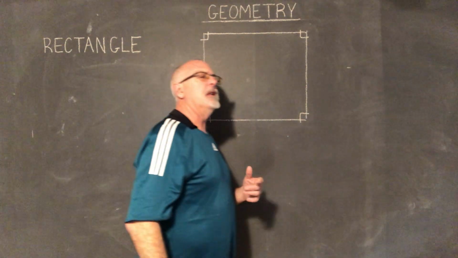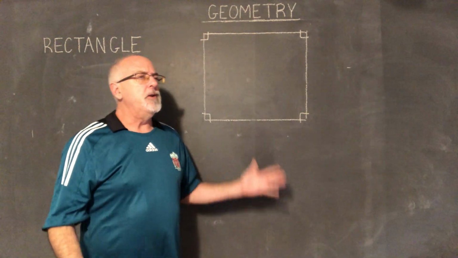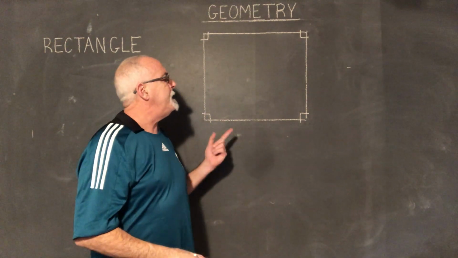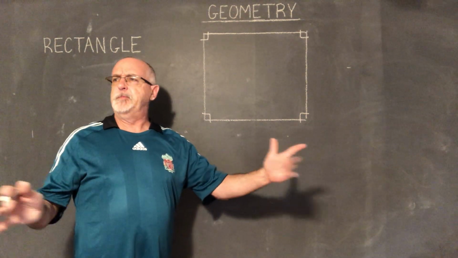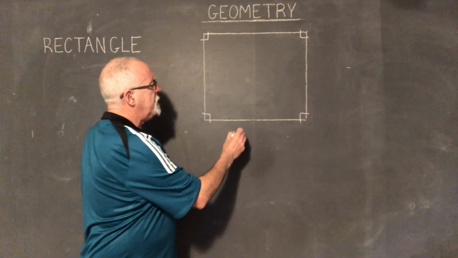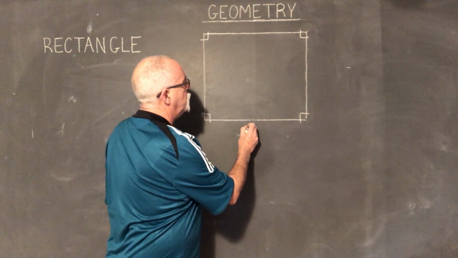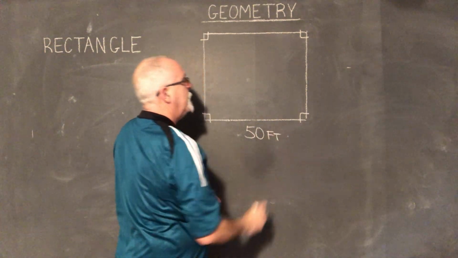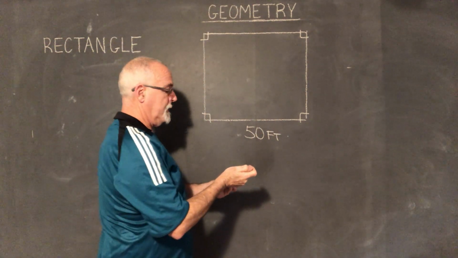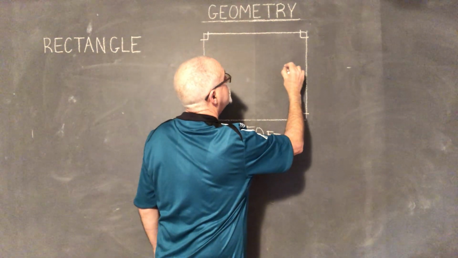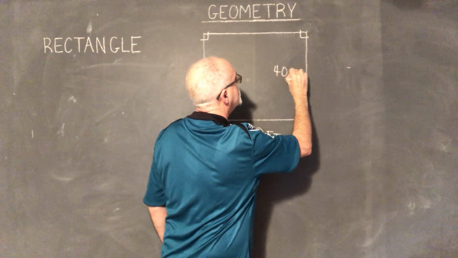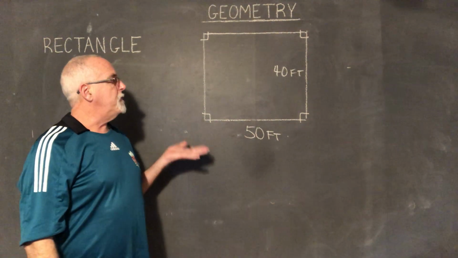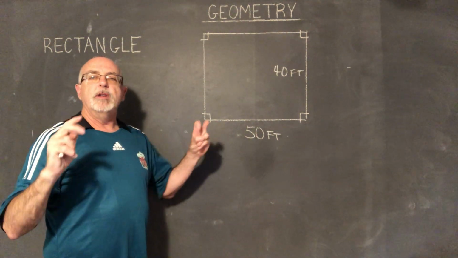Okay, let me think of sort of normal sounding dimensions for a backyard. In feet. What if the base of the rectangle were to be 50 feet and the height of the rectangle were to be 40 feet? Okay, so let's apply what we've been learning, but in a real life situation.